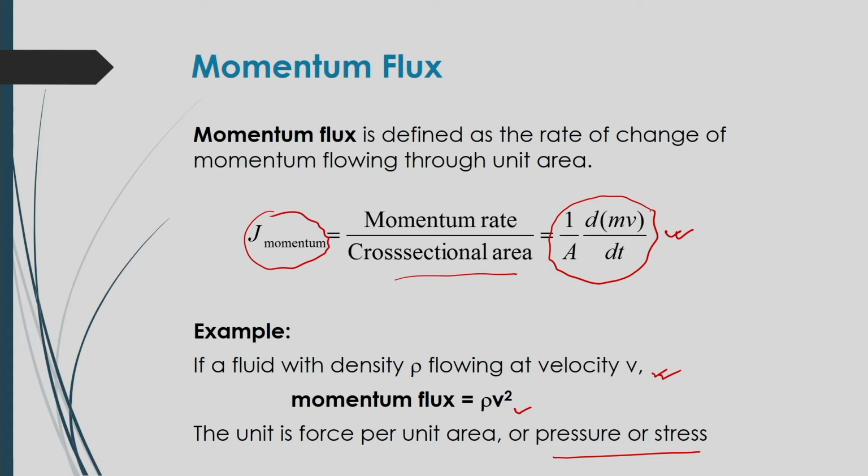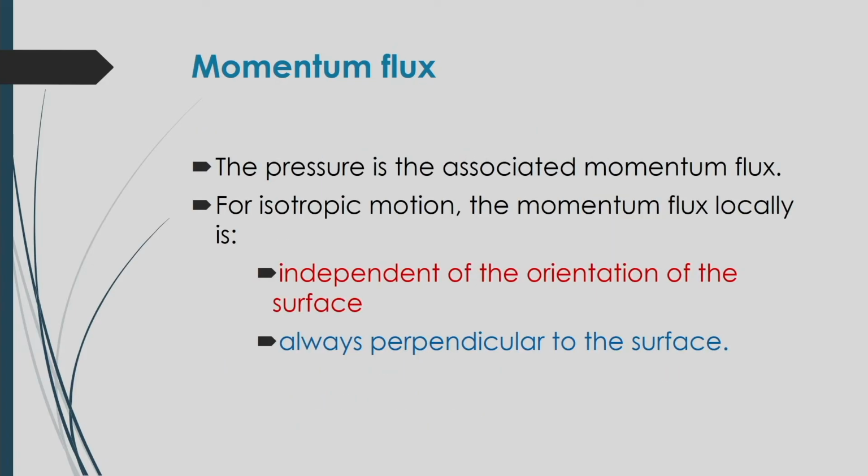So, the unit for pressure or stress will be the unit of the momentum flux. Now, the pressure is associated with the momentum flux. For isotropic motion, the momentum flux, which is local, is independent of the orientation of the surface, and it will always be perpendicular to the surface.